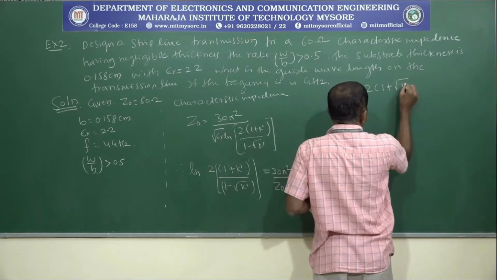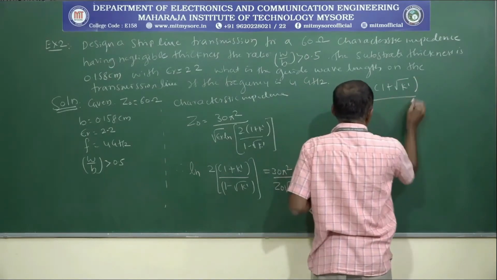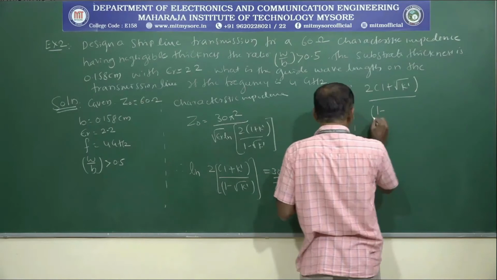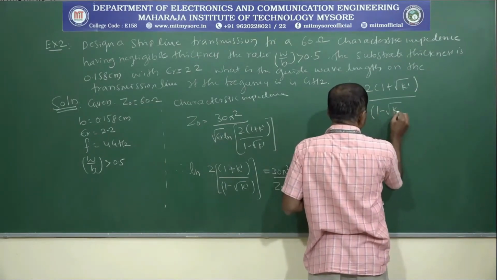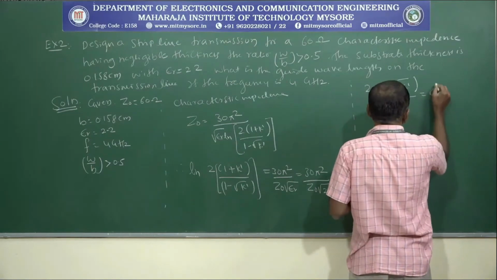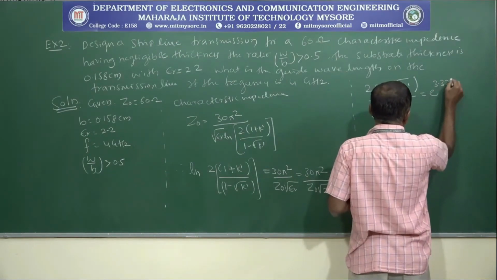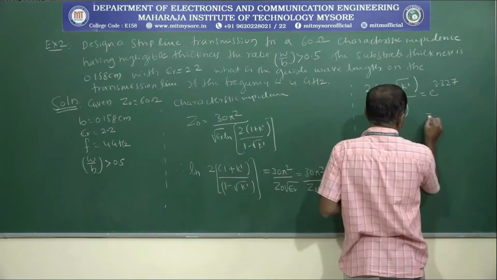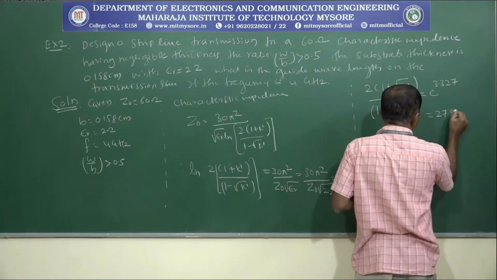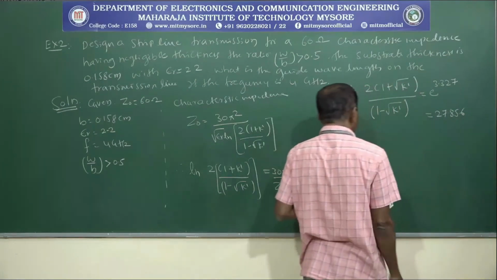Now 2 into 1 plus root of k dash divided by 1 minus root of k dash is equal to e to the power of 3.327. So this is equal to 27.856.